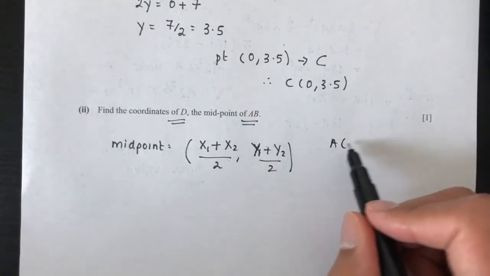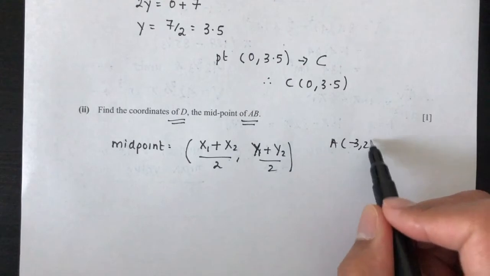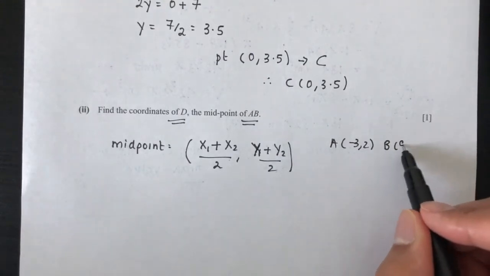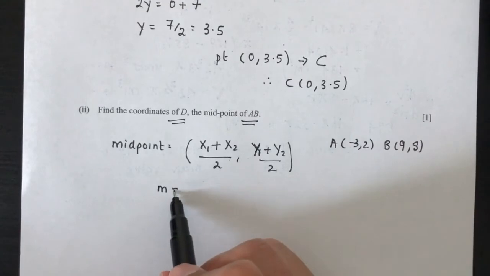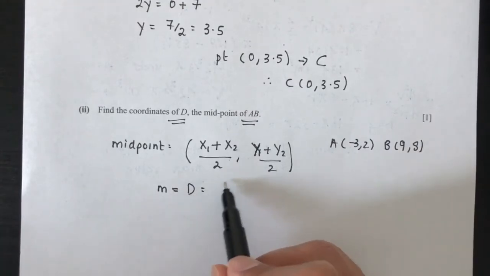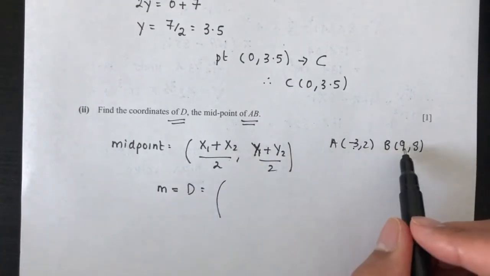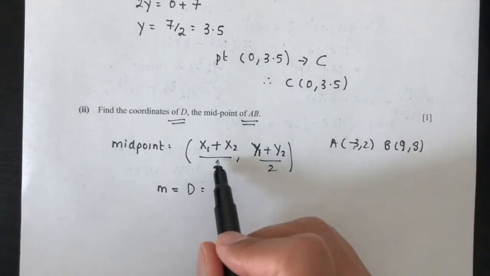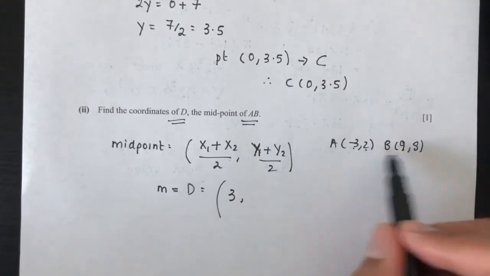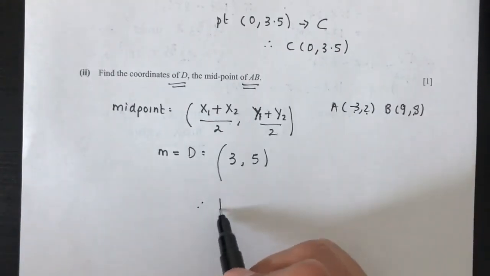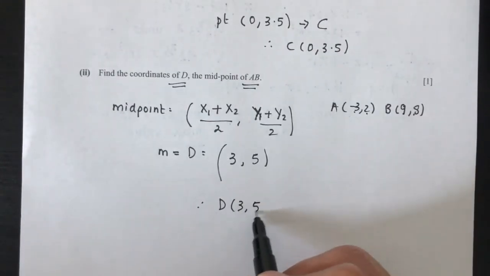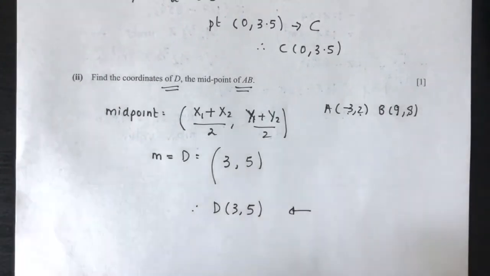The points A have been given to you as minus 3, 2, and B as 9, 8. So your point D is given by x1 plus x2 is 6, divided by 2 will be 3. This plus this is 10, that will be 5. So D will be 3 and 5.